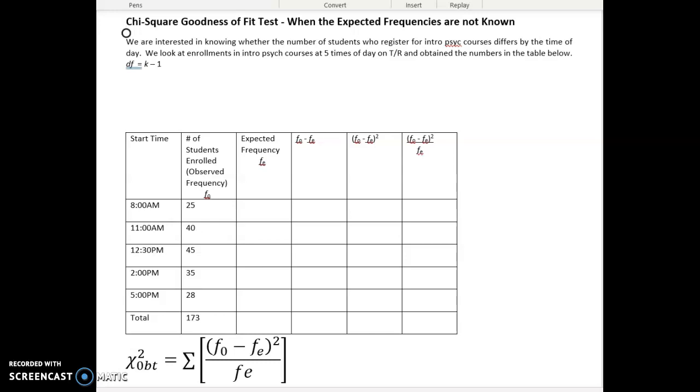The first thing we need to do, of course, is specify our hypotheses once again.